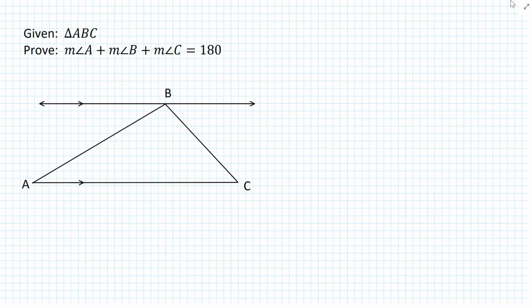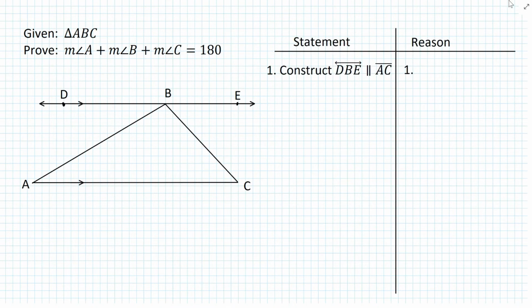So let's say here we are drawing a line such that it's parallel to segment AC as shown in the diagram. Let's also label some points on the line so we can refer to it. So let's place points D and E as shown. What will be the reason that we can construct a line parallel to segment AC? Well, let's assume that there's a line somewhere like this, and let's assume there's a point that is not on the line.